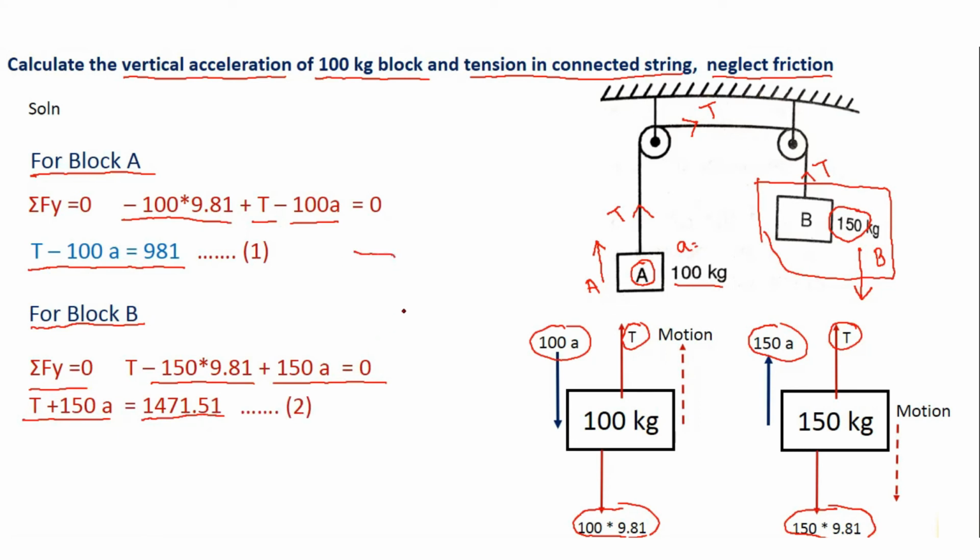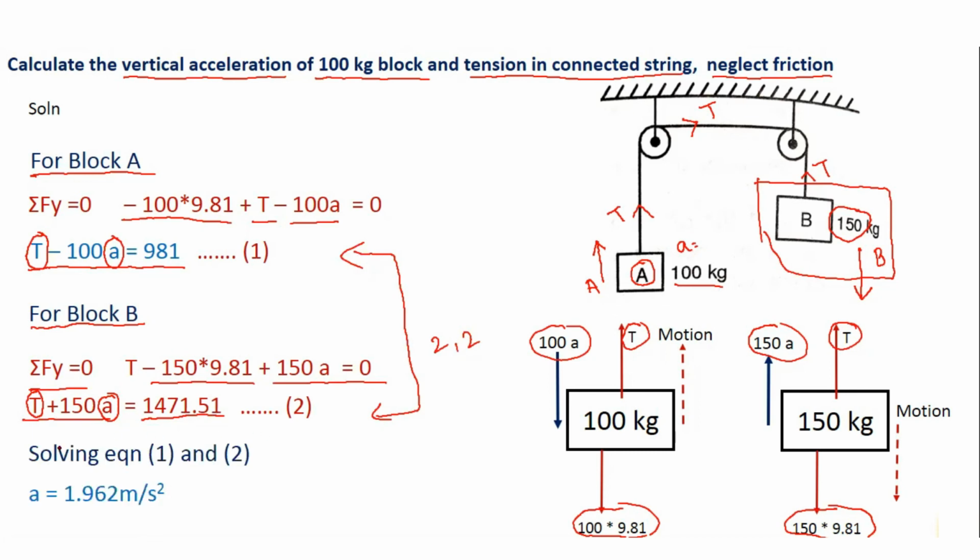Now observing equations 1 and 2, we see that in equation 1 the two unknowns are T and A. Also in equation 2 the unknowns are T and A. So we have two equations and two unknowns. So let us solve equations 1 and 2 simultaneously, and solving them I will get the acceleration as 1.962 meters per second squared and the tension T as 1177.2 newtons.